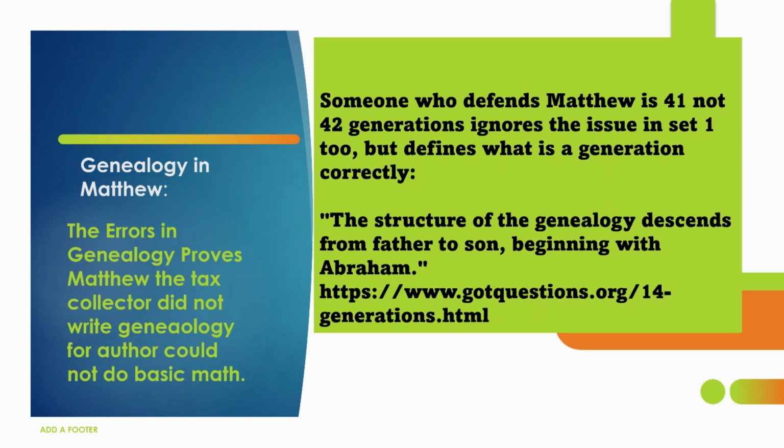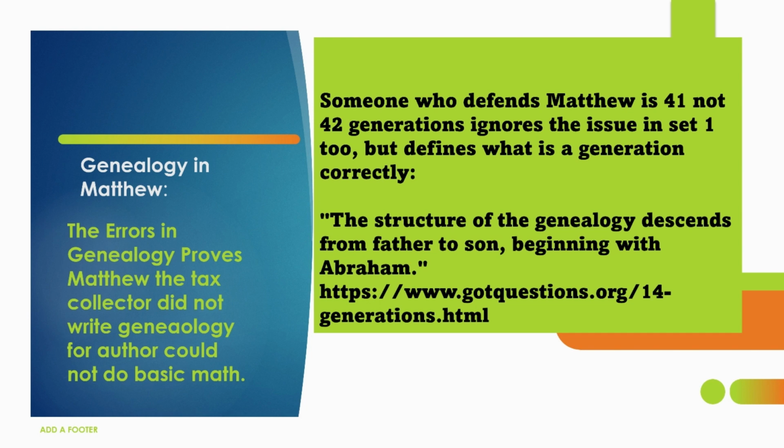Okay, so then I cite for him an article from someone who's trying to defend the number of generations, and he's dealing with the issue. This other article at Got Questions, which is generally good authority for things, is trying to defend that even if it's alleged to have only 41 generations, there are 42.